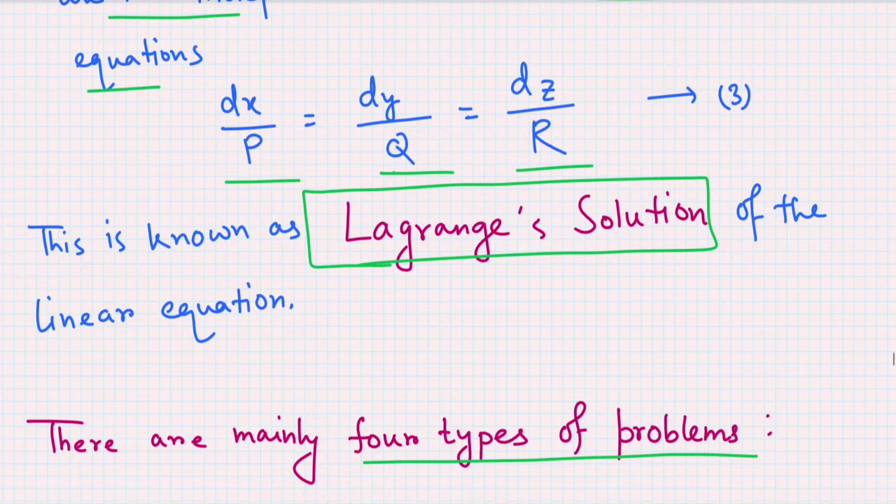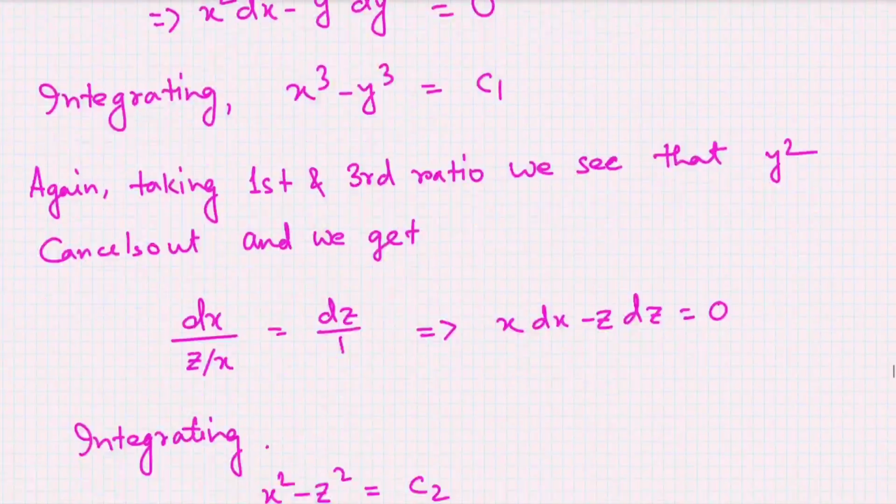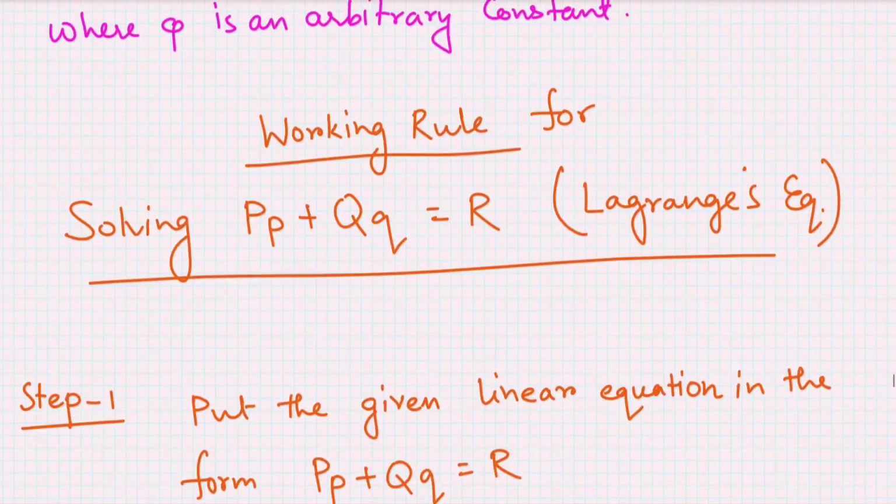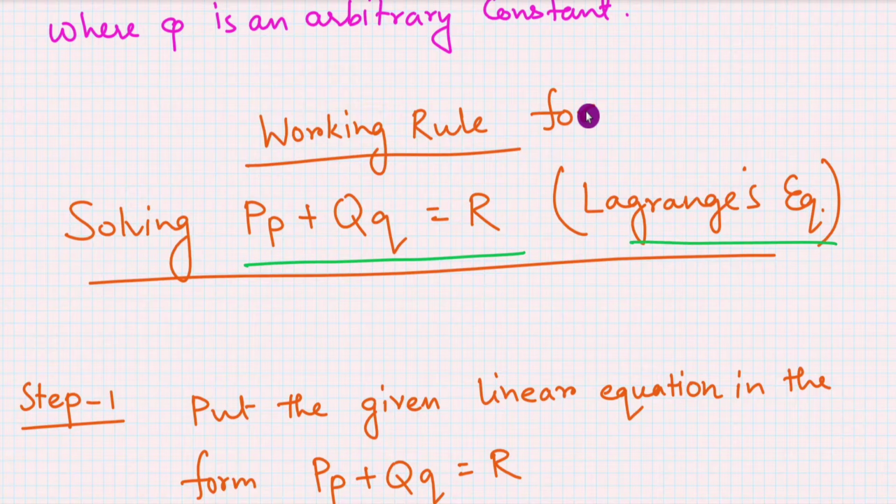Before going to the types of solution, we first note how to solve this type of equation, that is the working rule for solving Pp plus Qq equal to R, the Lagrange equation.